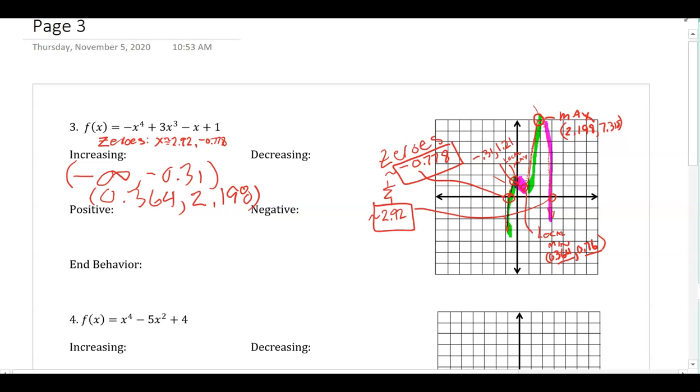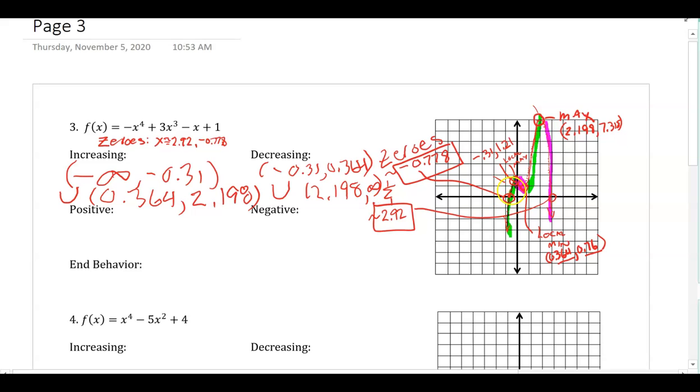Now in pink, I am decreasing between my local max at negative 0.31 down to my local min at 0.364, and union of sets from my local max at 2.198 on to positive infinity.